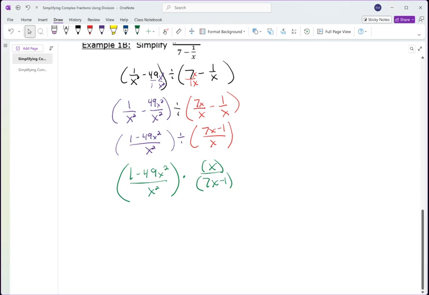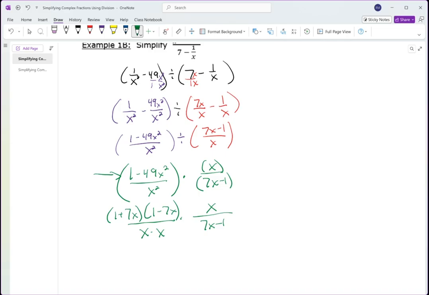Now, before I can cancel factors, I might need to factor. So before I rewrote it, but that denominator is just x times x. So I can see that might cancel here. And this guy is the difference of perfect squares, and that's going to factor into 1 plus 7x and 1 minus 7x. So if I look at what I can cancel, I can definitely cancel an x here.